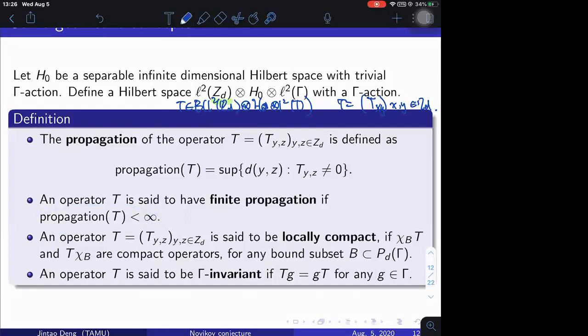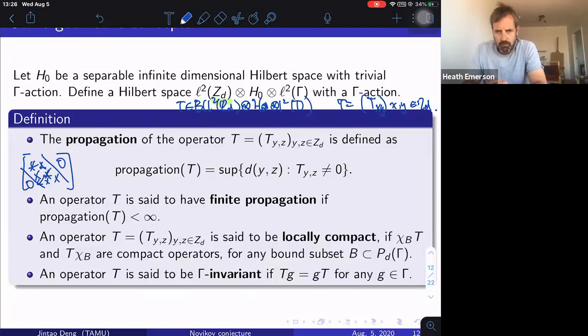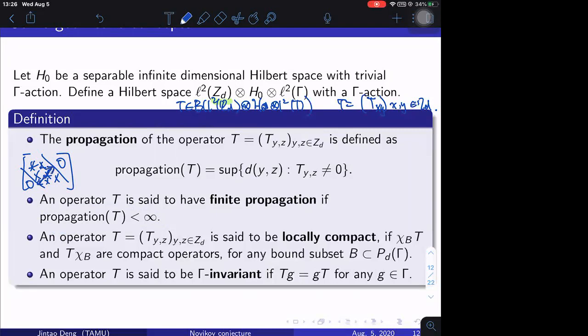It's just like a matrix defined on a strip with finite width, where the width of the strip is the propagation.